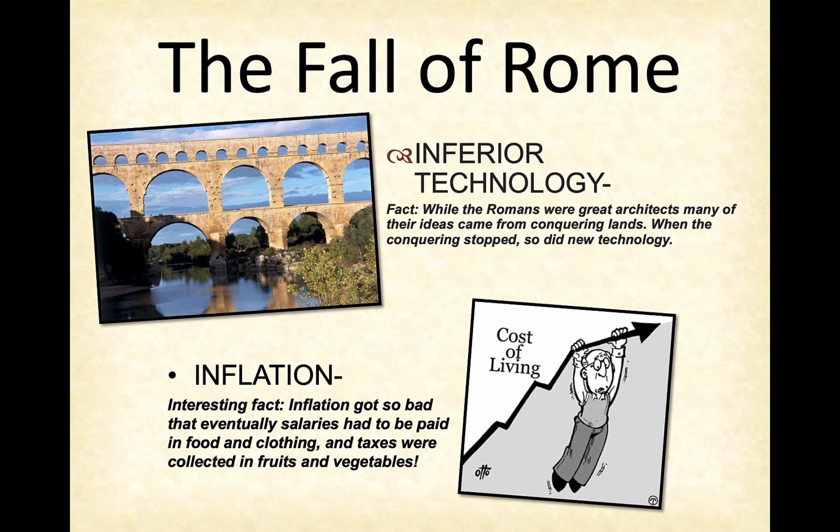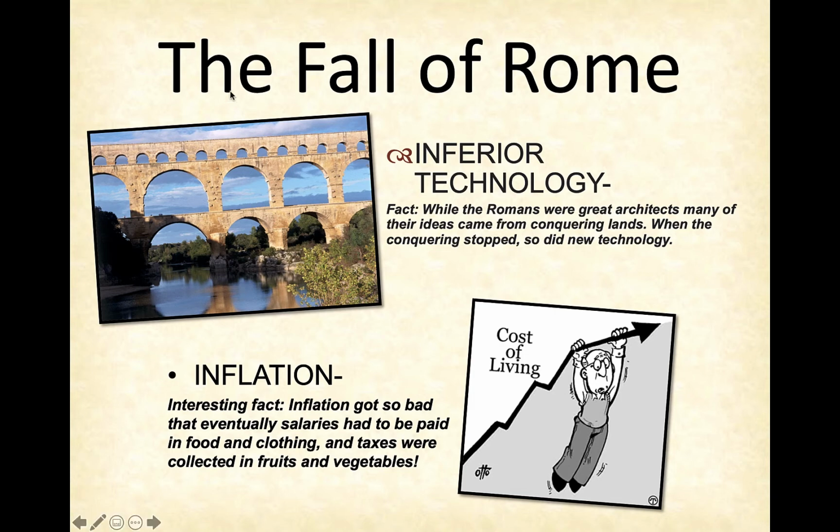So, also inferior technology. Now, the Romans were great architects, okay? So many of their ideas actually came from lands that they conquered. So when the conquering stopped, when they stopped going out and trying to conquer new lands, the new technology also stopped.